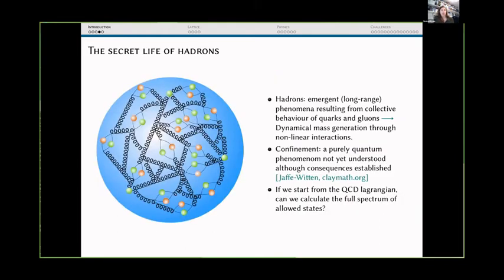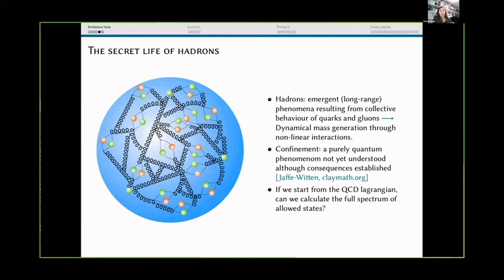And so to understand how to do this, one has to think about, let's say, the secret life of hadrons. So hadrons, the observable quantities of this theory, are essentially emergent phenomena which result from collective behavior of the fundamental degrees of freedom of the quarks and gluons. So this is dynamical mass generation through the nonlinear interactions that are present in QCD.